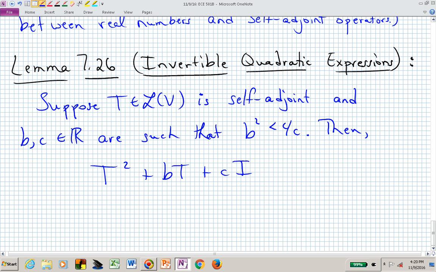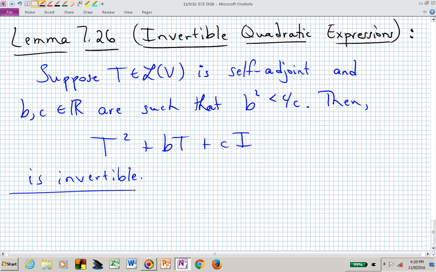Now this operator, T squared plus BT plus CI, is in fact invertible. Let's see how that comes about.